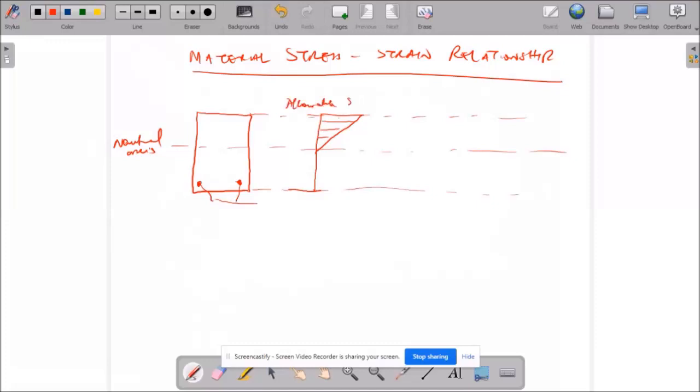Then we draw the third one, which is called the ultimate stress diagram.